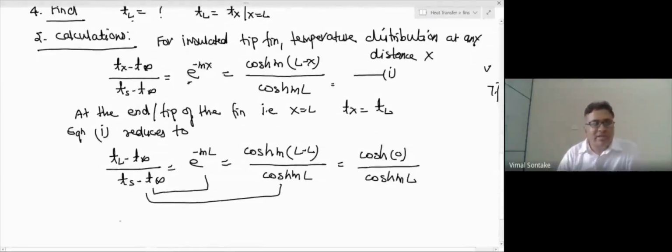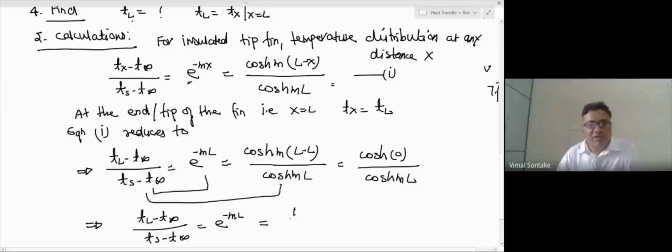So considering this, it will become TL minus T infinity over Ts minus T infinity equal to e to the power minus mL if you are considering this combination, or cosh of 0 is 1, so the numerator will be 1 and the denominator will be cosh of mL.